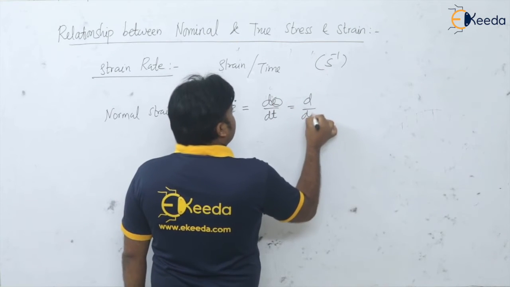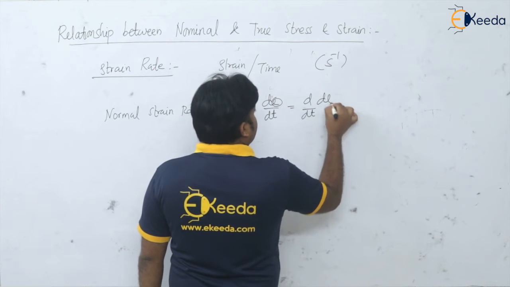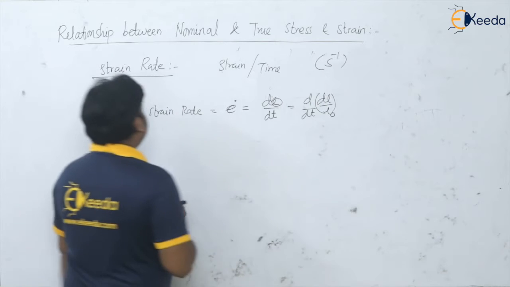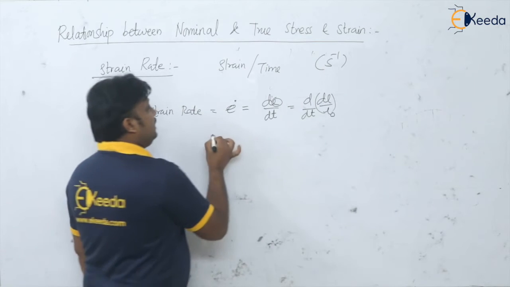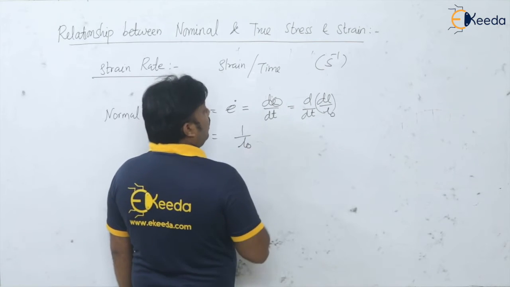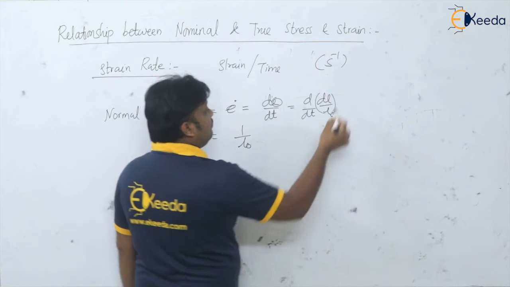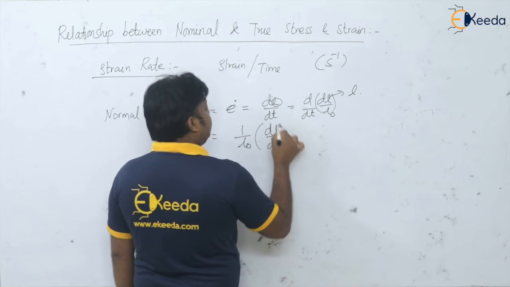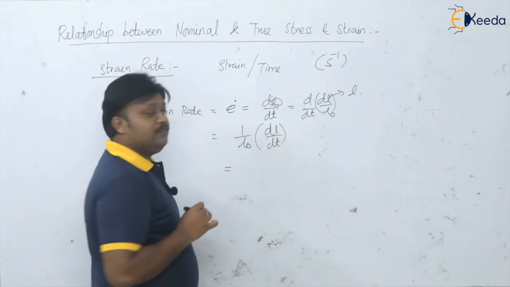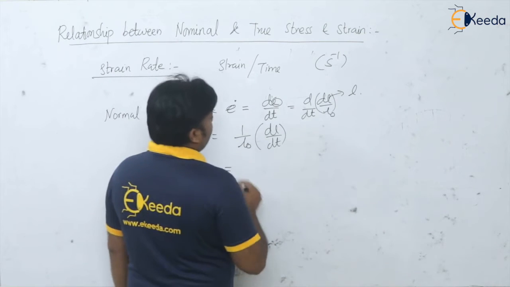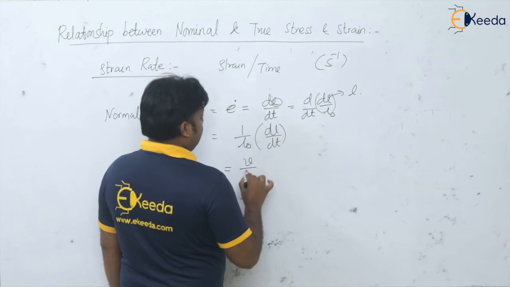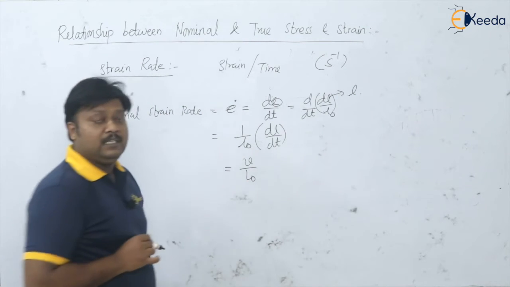That is change in length divided by original length, for the normal strain. So if I take 1 upon L naught out, the change in length will be dl upon dt. What is dl by dt? Change in length divided by time, that is the velocity. So it is the velocity divided by original length.